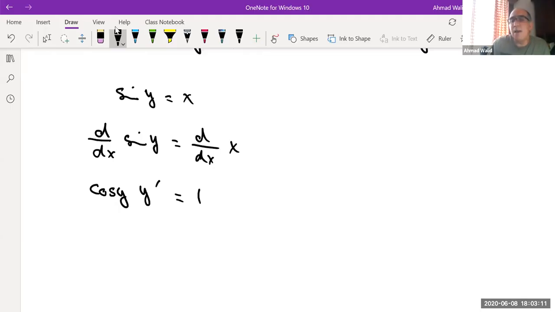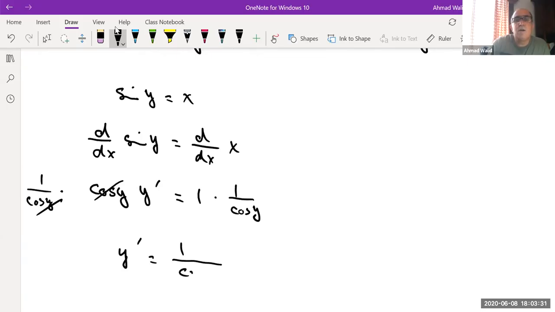Let's solve it for y prime. To solve for y prime, you will multiply both sides by 1 over cosine y. Here, these two cancel out. Y prime equals 1 over cosine y. Now, remember from your trigonometry class or from pre-calculus that you studied trigonometric identities.